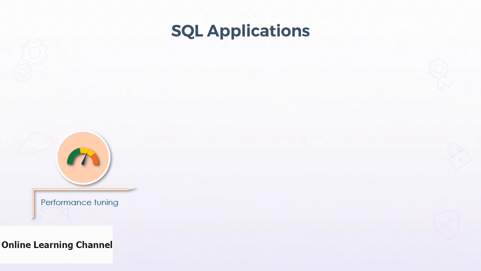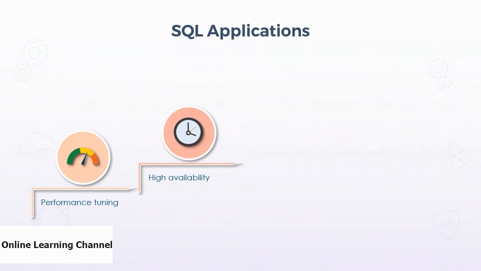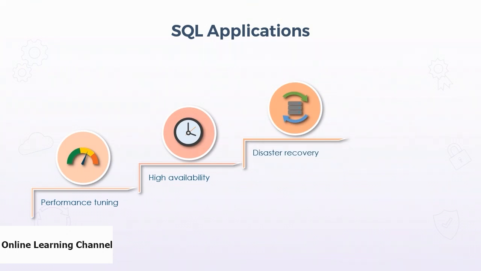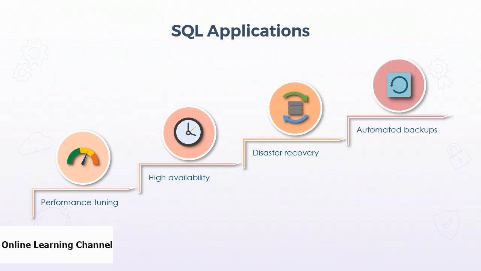Cloud-based SQL applications such as those on Microsoft Azure offer many other advantages. Because the underlying resources are managed by the cloud provider, the provider can offer performance tuning, allowing your databases to perform optimally. Cloud providers can offer high availability, guaranteeing high uptime for your database. They often have built-in disaster recovery, which includes automated backups, so you don't have to manage backups yourself and worry about losing important data.